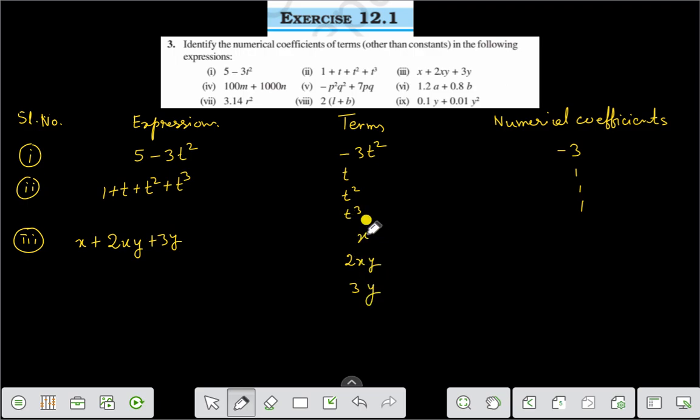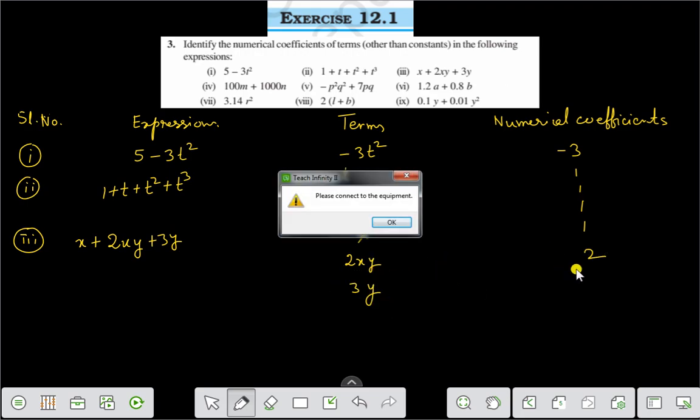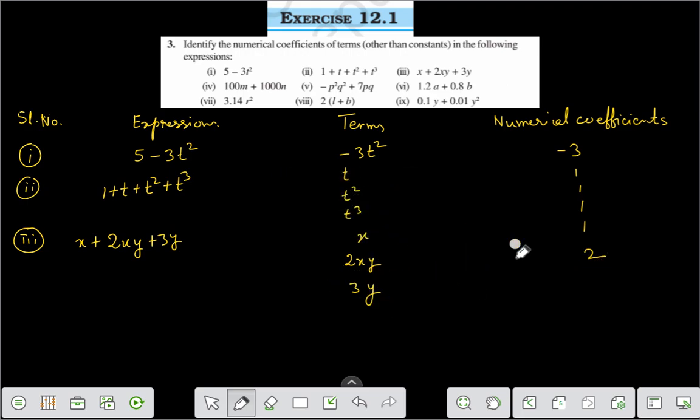In the first, x is multiplied by 1, so 1 is the numerical coefficient. xy is multiplied by 2, therefore 2 is the numerical coefficient, and in 3y, 3 is the numerical coefficient because y is multiplied by 3. That is 1, 2 and 3.